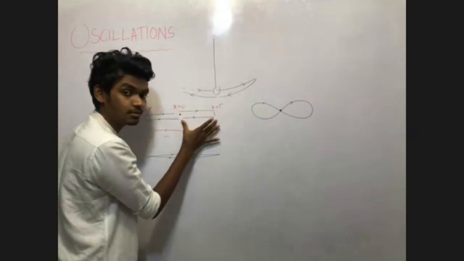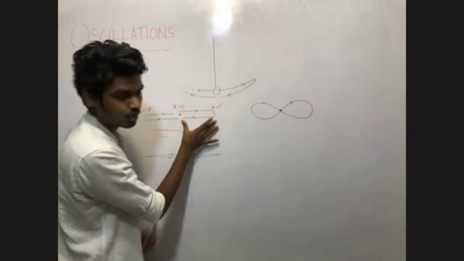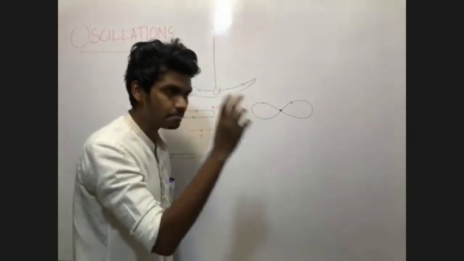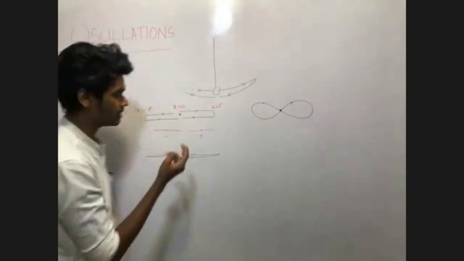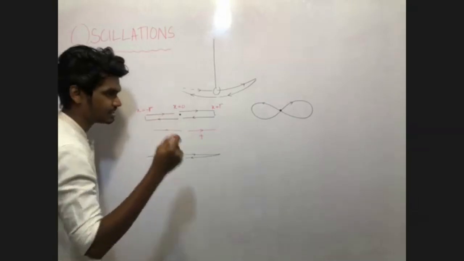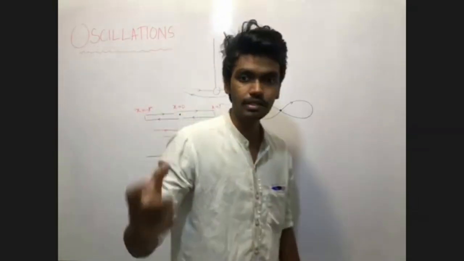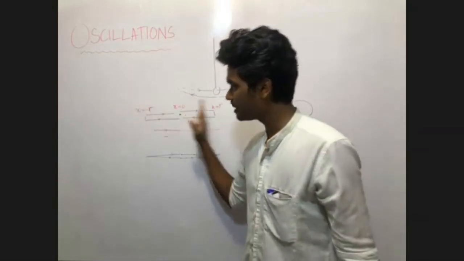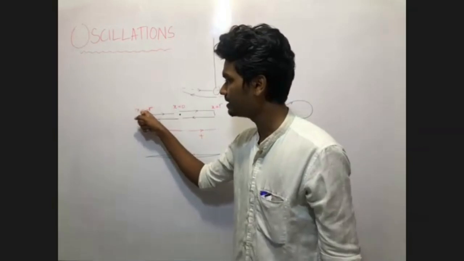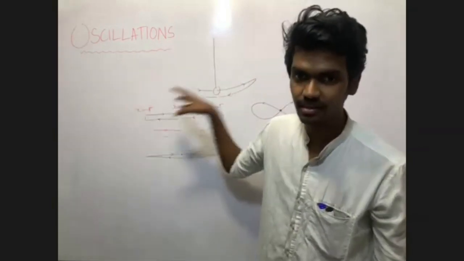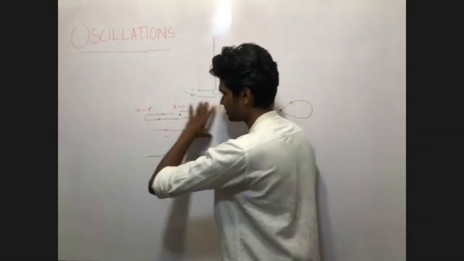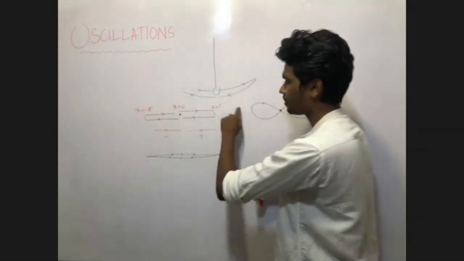Towards the left also, it should move the same r displacement, but since displacement is a vector quantity, the displacement towards the left is considered a minus displacement, minus r. These things are given certain names, amplitude and so on. I'll come to that later. It's just a general idea.